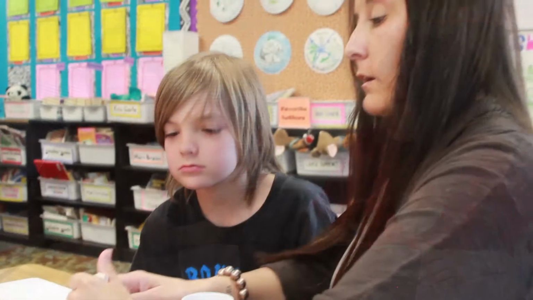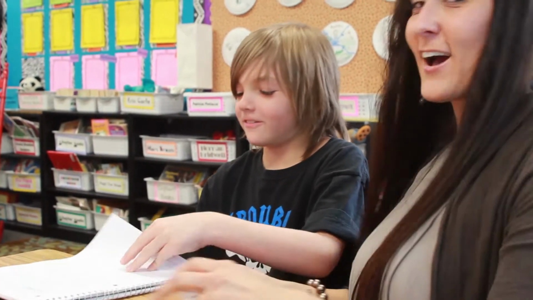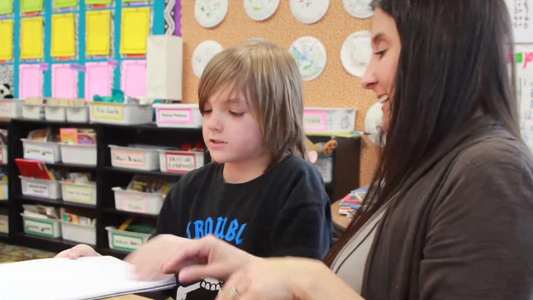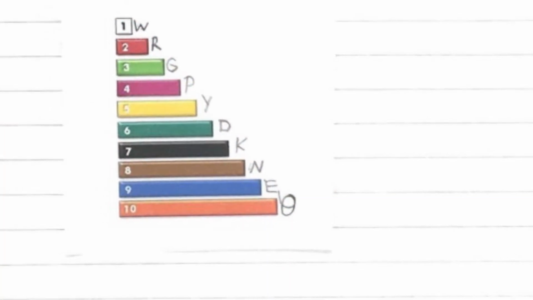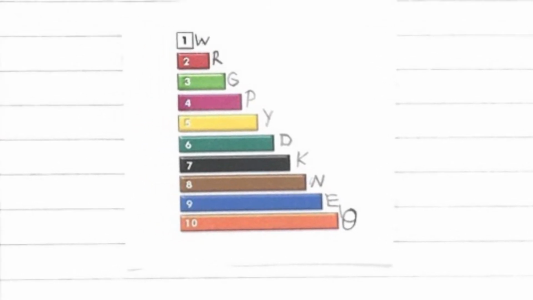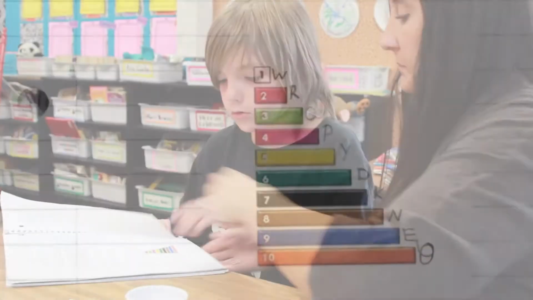But I do have the kids who will go back and use it as a resource, just as I did today. We were talking about Cuisenaire rods, and one little boy could not remember what the brown one was, but he knew it was 8. He just couldn't remember the color. So he was like, "Oh, wait." And he flipped all the way back, and he knew it was at the very beginning of the school year, and he was like, "Oh, it's the brown one." So they do go back and use it as a tool.